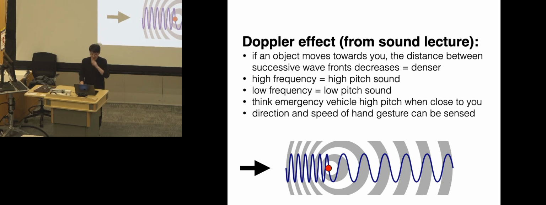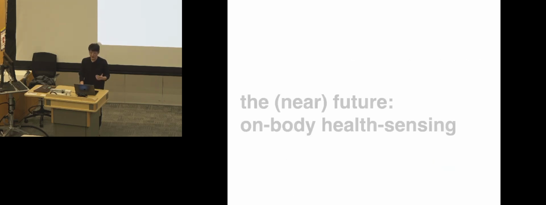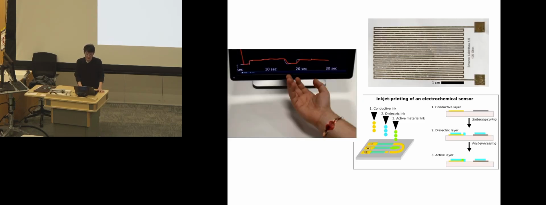A little bit on the near future end, we also have on-body health sensing. For example, there have been a lot of efforts to get flexible electronics that work like a tattoo attached directly to your skin, which can directly measure your biosignals, like electrodermal activity (the EDA signal), your heart rate, or some electrochemical signals.